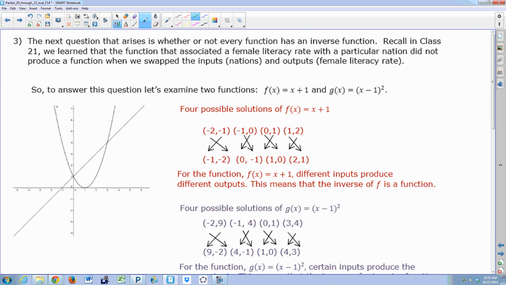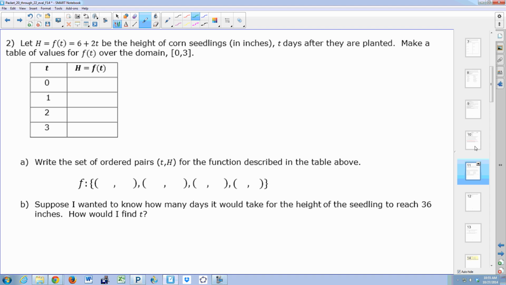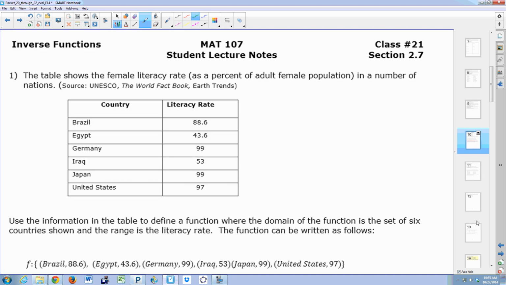Okay, so if we go back to the beginning of class 21, here was the beginning of class 21, and we formed a bunch of ordered pairs, which were a function. We put as the input the name of the country, and the output was the female literacy rate.